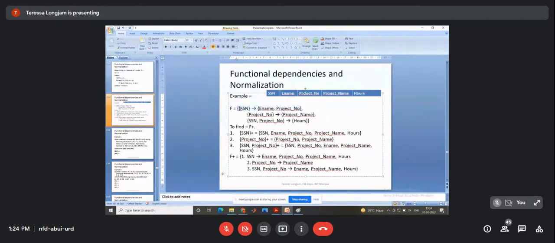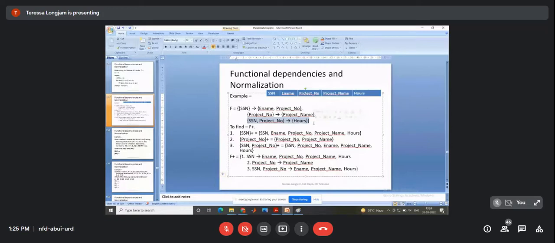After that, project number determines project name. And the last one, the combination of SSN and project number determines hours.